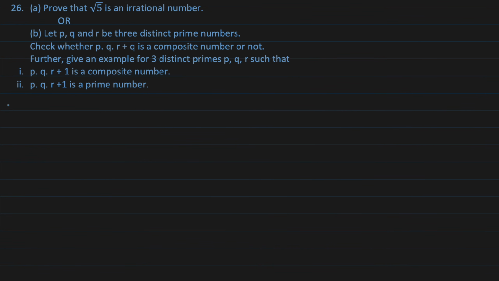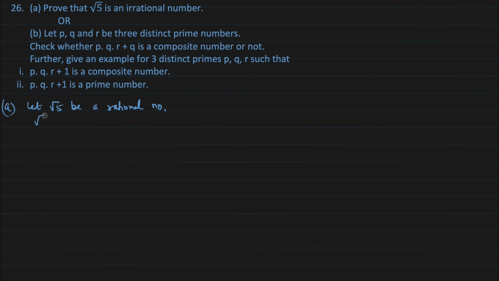So let's begin with question number 26. A part I'll do first. That's the easiest part. I hope real numbers is perfect for you all, right? So you have to prove that root 5 is an irrational number. Let's begin with: let root 5 be a rational number. We start with contradiction, right?